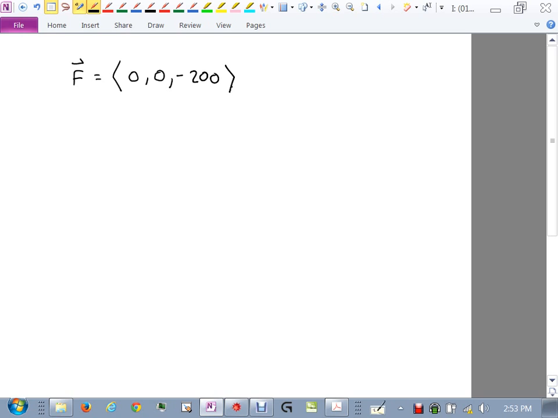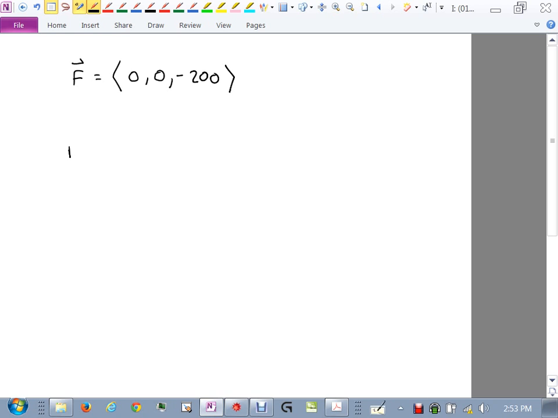With me? So his weight is the force. So you don't need the 9.8 meters per second. You don't need any of that because his weight is the force. If they gave you the person's mass, then you would have to compute the weight, and that would depend on what planet you're on and things like that. But his mass is not relevant in this problem. So that is the force of gravity straight down.